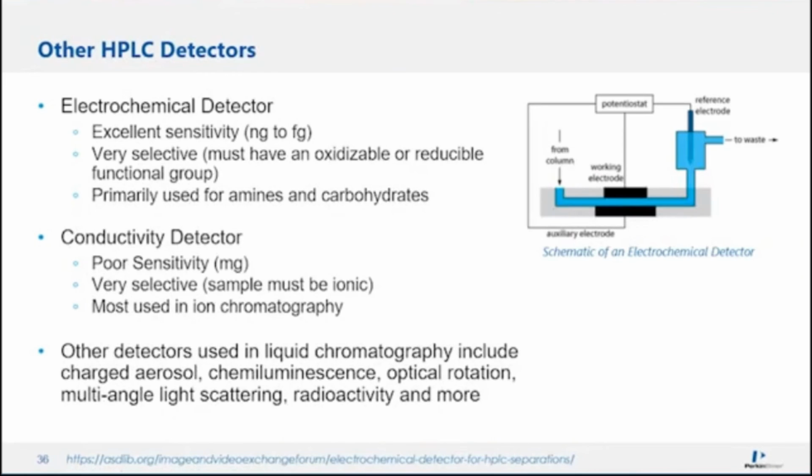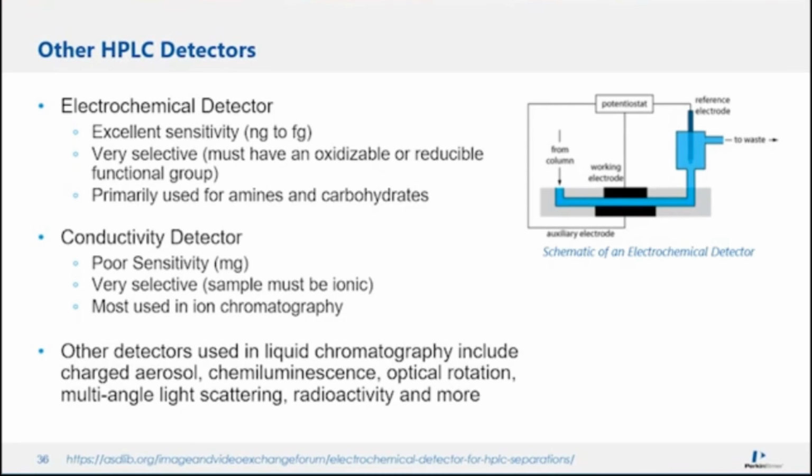There are other detectors available for liquid chromatography, but they are not as common and are for more niche applications. The electrochemical detector functions on the resulting current from a redox reaction of the analyte at a suitable electrode. This requires specific types of analytes, making it very selective. It is typically used for amines and carbohydrates with very good sensitivity.